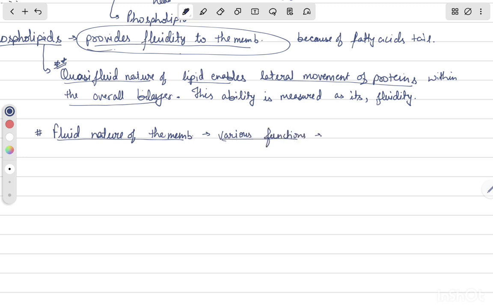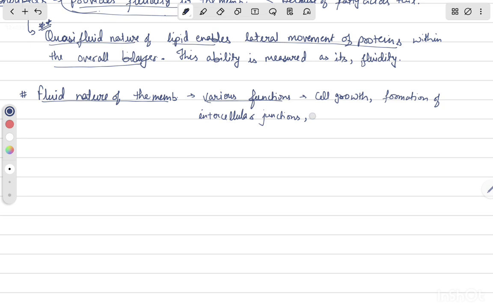Various functions are: number one, cell growth; number two, formation of intercellular junctions; number three, endocytosis.